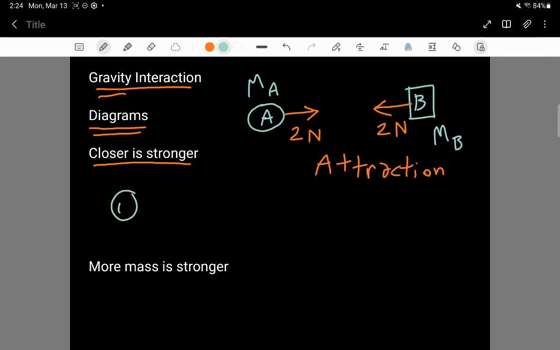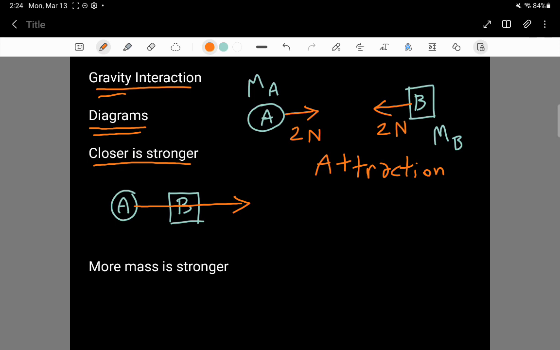Here is object A and object B. The force on A is going to be bigger, right? It's going to be attracted over towards B. Notice that even though I drew the arrow slashing through B, what's most important is there's a force on A towards the right.